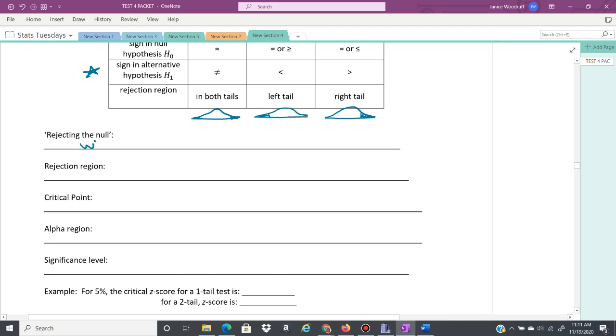Okay, so when the null is false, we assume that H1 is true, the alternative. Okay, the rejection region is going to be the region where the null is rejected, which are these highlighted regions up here.